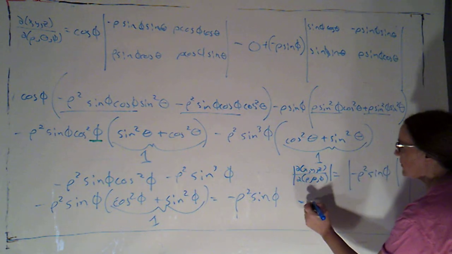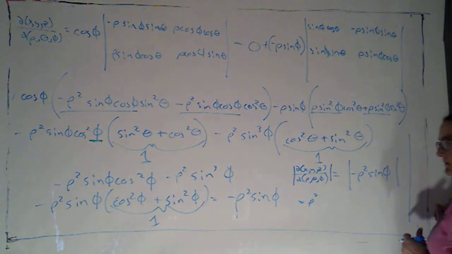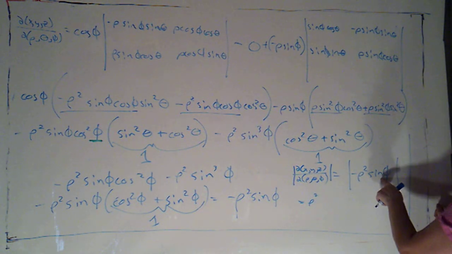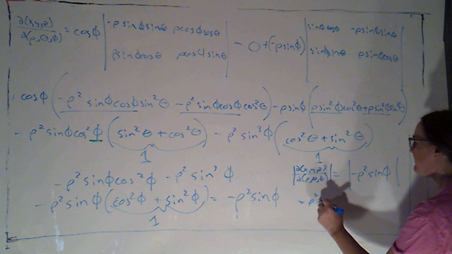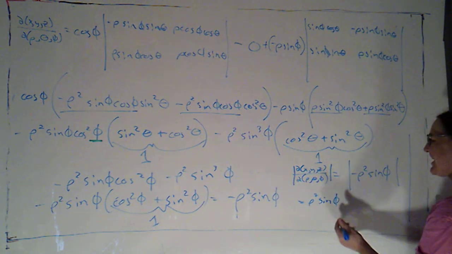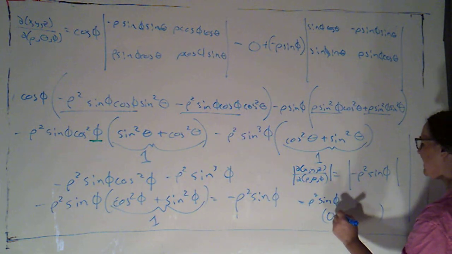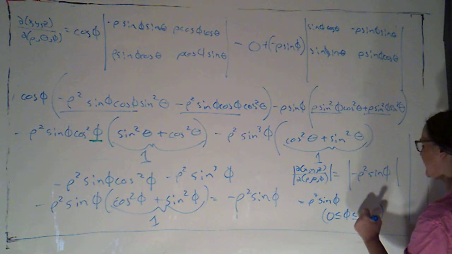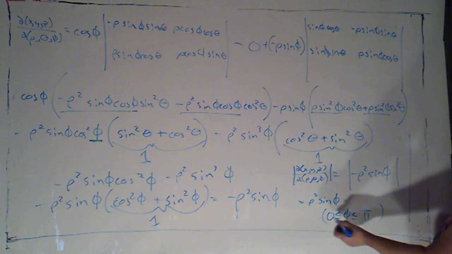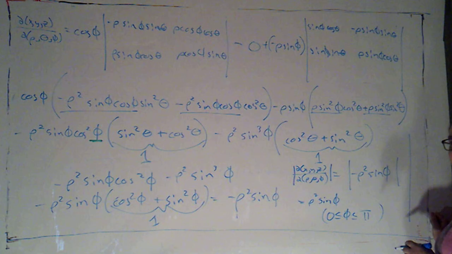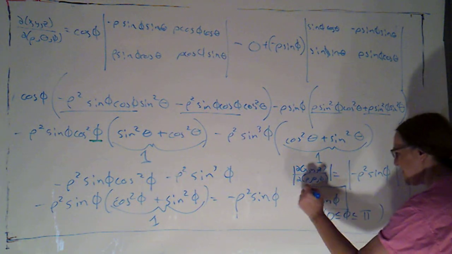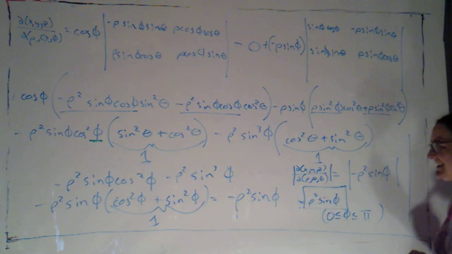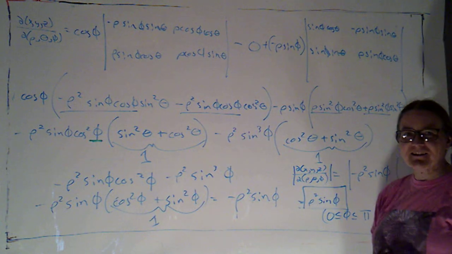Rho squared, of course, is just positive, or at least non-negative. So then I have to look at phi. But the absolute value of sine phi in this case is just sine phi, and that's because phi is restricted to take on values between 0 and pi so that its sign is positive. So our scaling factor is indeed rho squared sine phi.